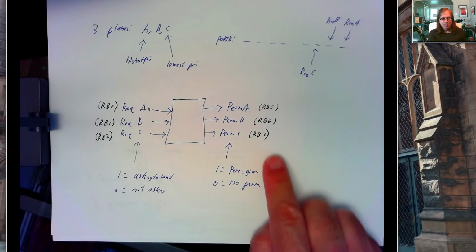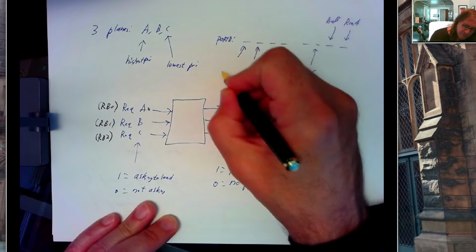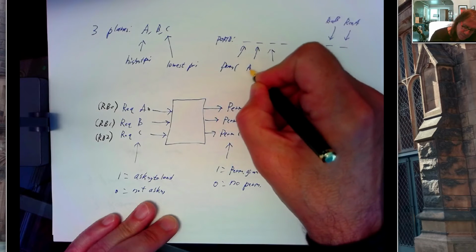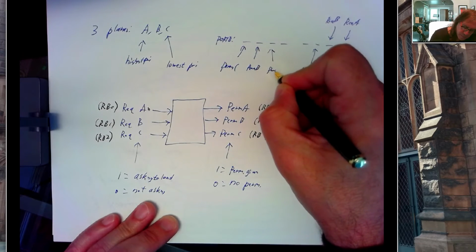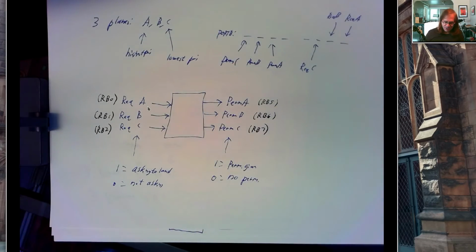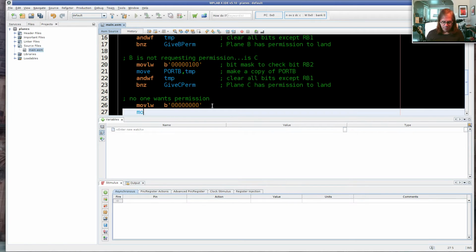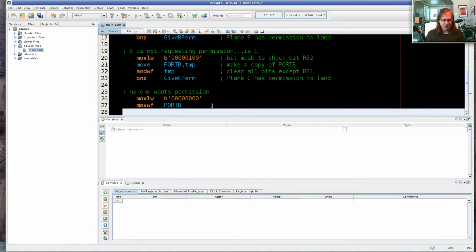So we want to modulate these 3 bits. All right, so if nobody gets permission, we should just write a 0 into there. So let's do that. Nobody wants permission. So we'll move a bit pattern. And this takes away all permissions, and then we're going to say branch to top.